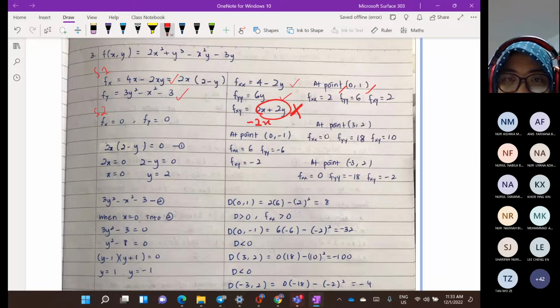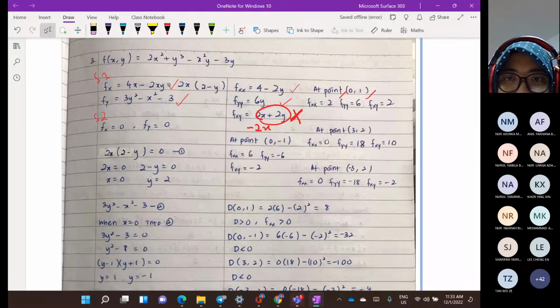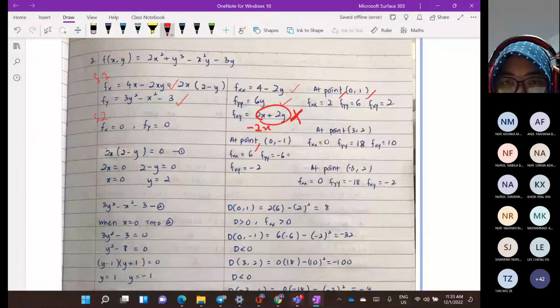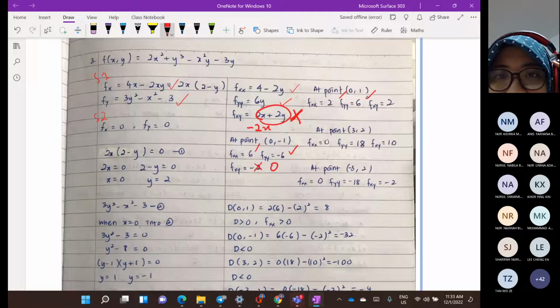Kejap, ulang balik yang ni, yang at point 0, negative 1. F x x kita akan dapat 6, f y y negatif 6 dan ini ialah 0. F x y 0, betul? F x y 0. Ya, 0. Okay, at point 0, 1, f x y equal to 0 juga.